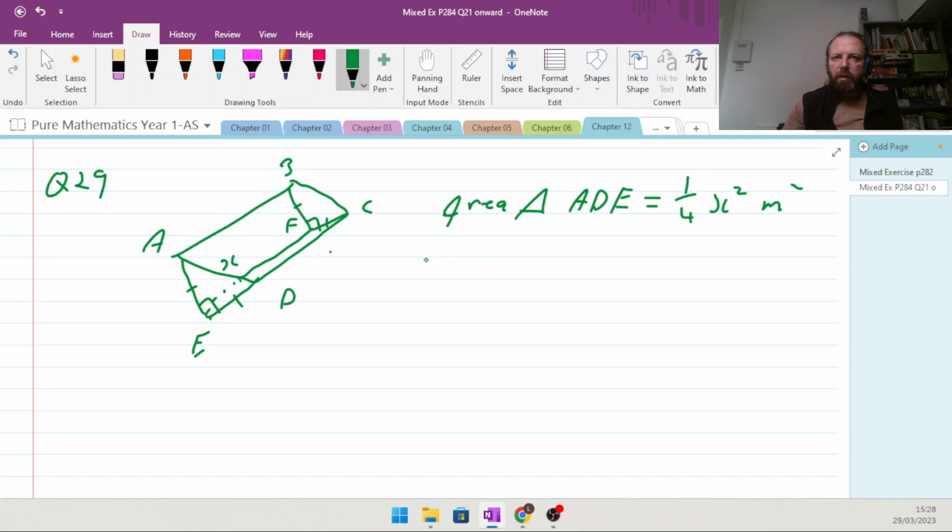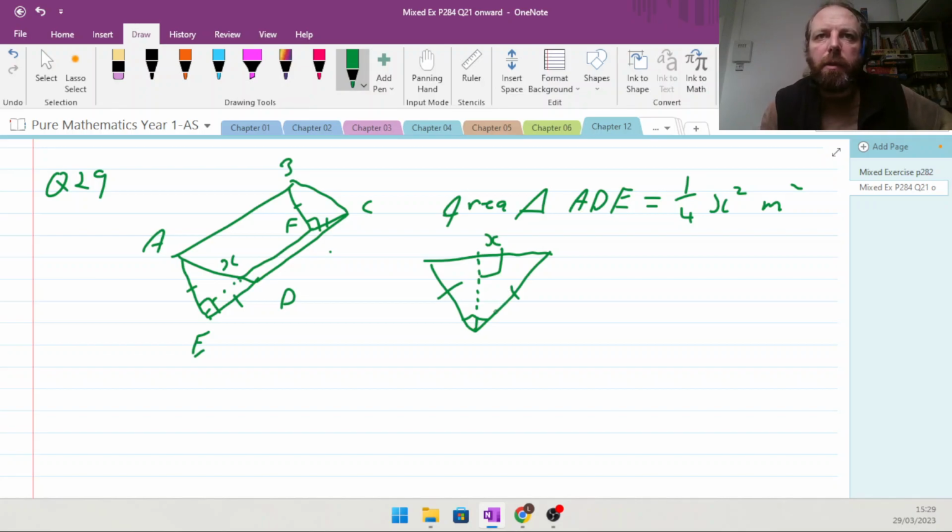So what do we know about the height of that? If we've got a triangle with equal sides x like this, that one is 90 degrees. We need to find the length of that dotted line. So that's a half x there, a half x there. Using Pythagoras, we can work out the length of the side.